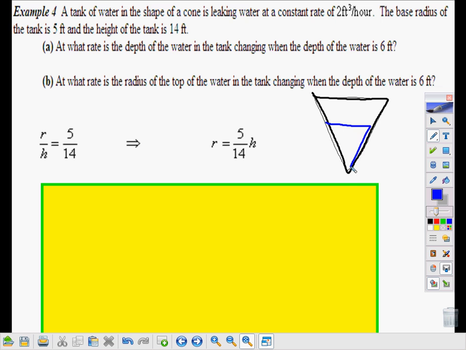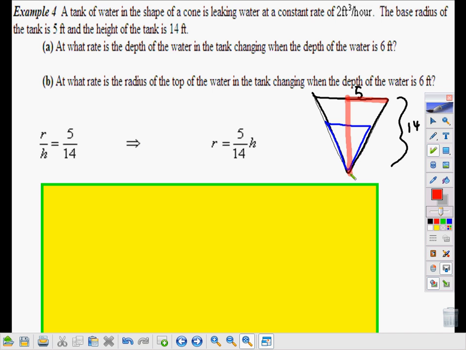Can you see that these triangles are similar, not the same? So the big one, the black one, has a height of 14 and a radius of 5. I'm going to highlight the radius and height of this triangle.